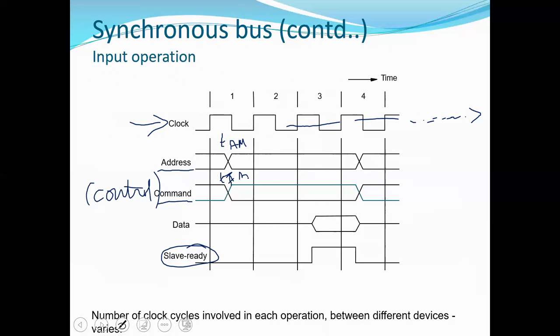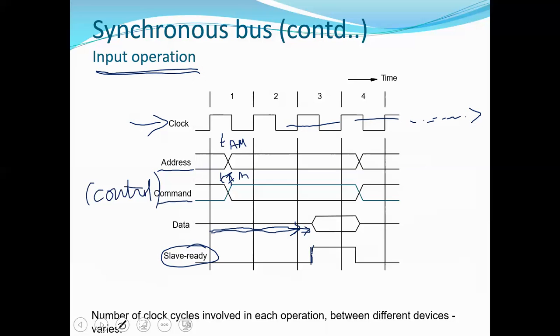After some time, one of the slaves, whether keyboard or whichever device, recognizes the address. Once it recognizes the address and the data is ready to be put on the bus, again in a read operation, the slave ready signal is sent.